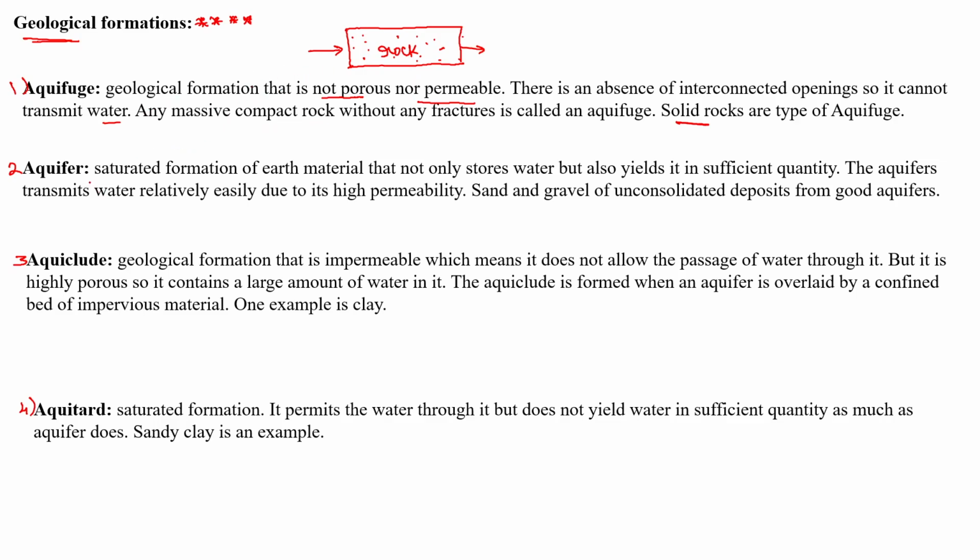Okay, coming to the aquifer, this is of our interest. An aquifer is a saturated formation of earth material that not only stores the water but also yields it in sufficient quantity.